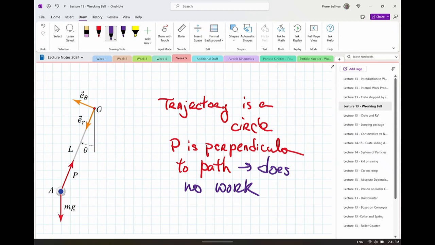And so that term is not going to play a role, and it does no work. So I don't have to worry about it. And the important part of drawing a free body diagram is to be able to make those kinds of assumptions right from the beginning. It's also one of the advantages of using this coordinate system.